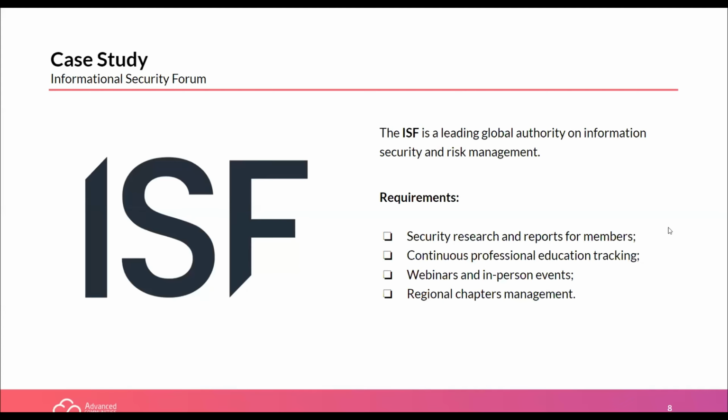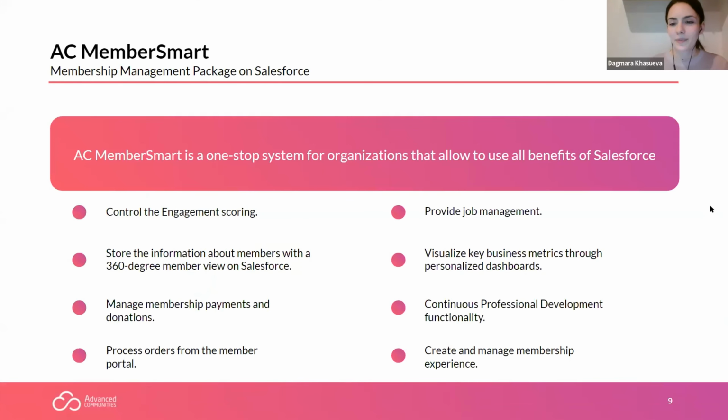We've developed a package that creates a comprehensive system for membership management, an app called AC MemberSmart. Our goal is to provide a one-stop system for membership organizations and associations to help them enable growth, scaling, and tracking of their membership experiences using all the benefits of Salesforce.